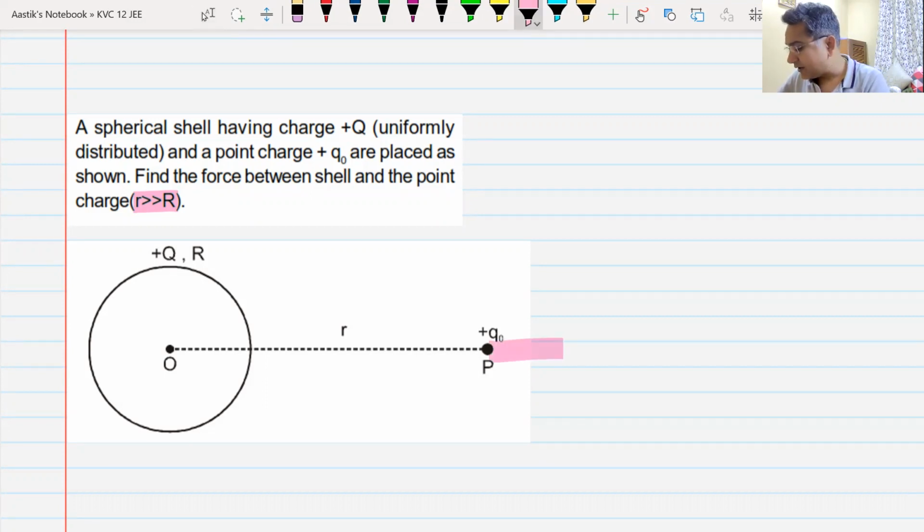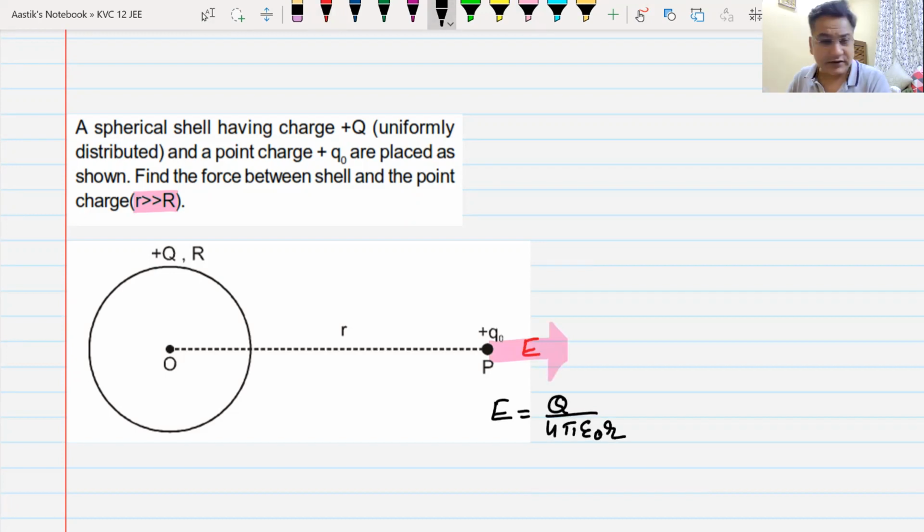The electric field at this point, because of the shell, would be going in this direction, and the value will be Q by 4 pi epsilon naught into R. Yes or no?